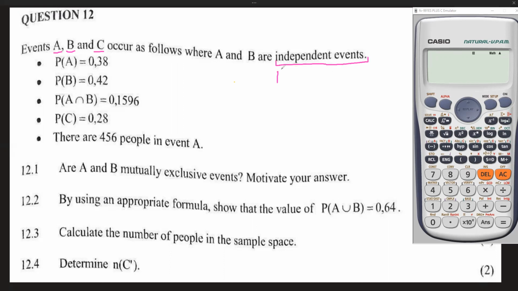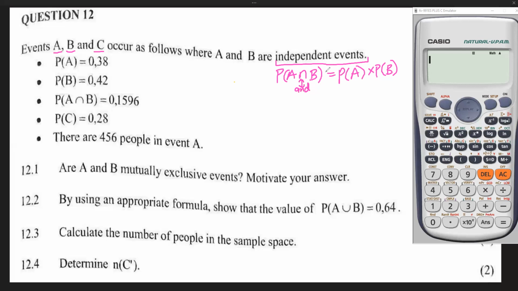So by independent, they're basically telling me the formula that for A and B, I can use the probability of A and B. Remember, this is the symbol for and, so they are used interchangeably. You can put and like that or that one, it doesn't matter. P(A) multiplied by P(B). Always when you hear the word independent, you always write this formula down.